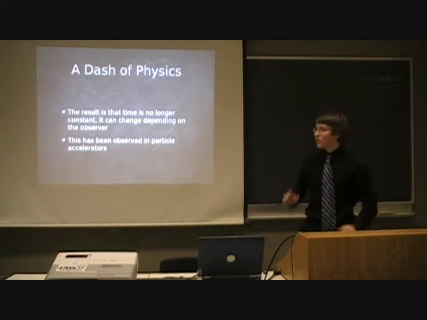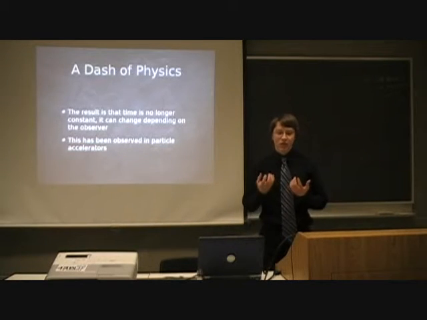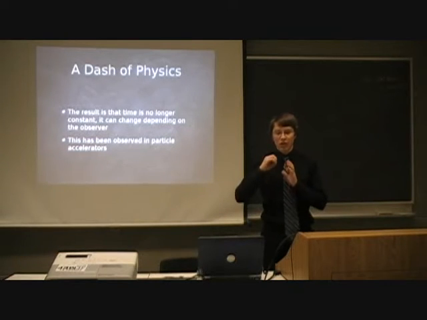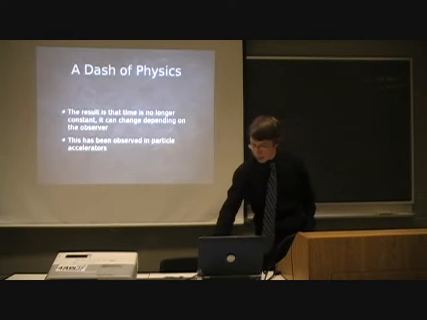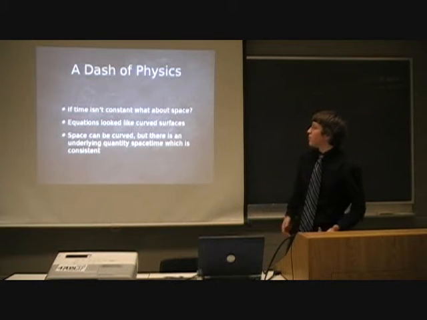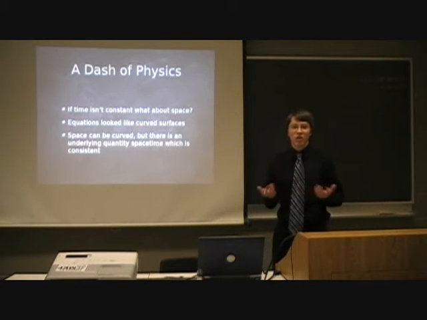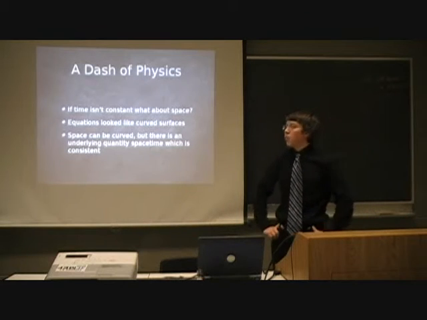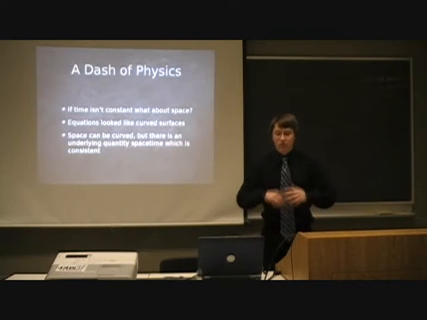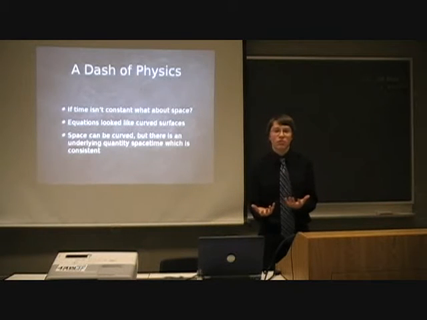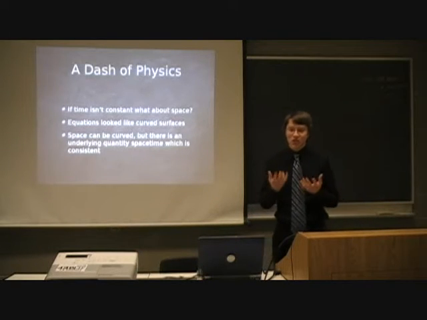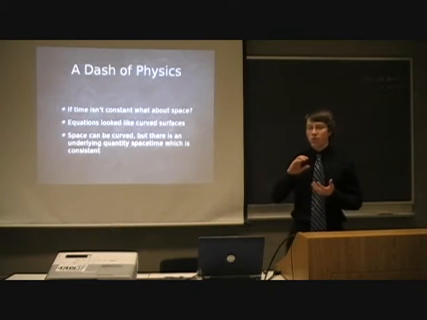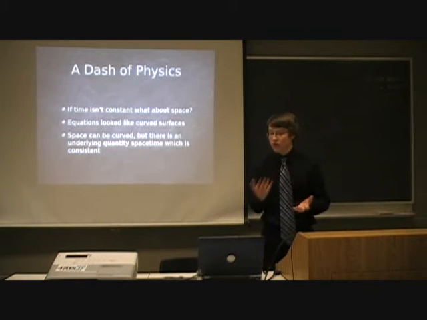This might seem far off and crazy, but they've actually observed it in particle accelerators, where they accelerate muon particles to close to relativistic speeds, and they actually see that the half-life grows. So, if time isn't constant, why should we assume that space is constant? When Einstein was trying to figure out his equations of general relativity, he saw that the equations for Euclidean space just weren't working, and that they actually looked a lot more like the equations for curved surfaces.